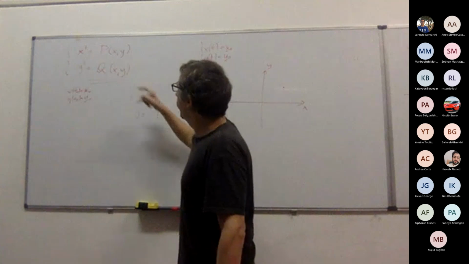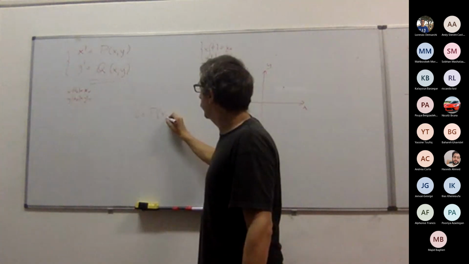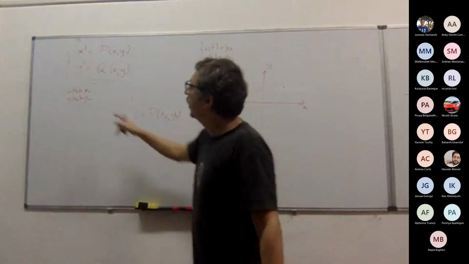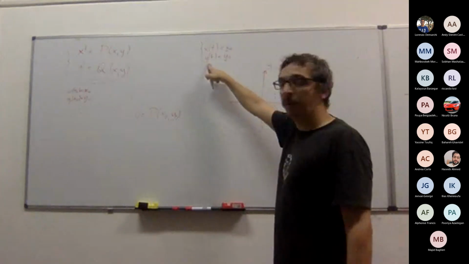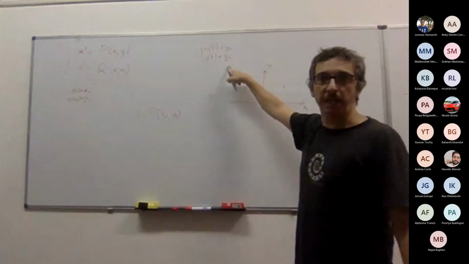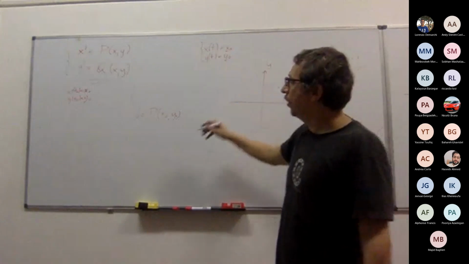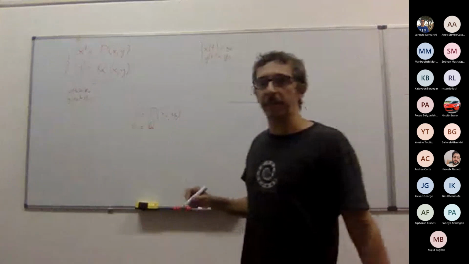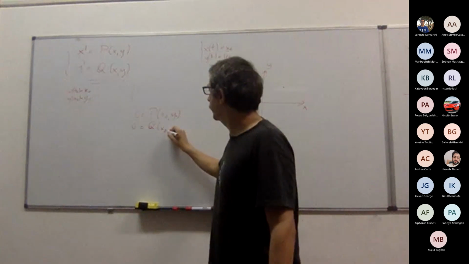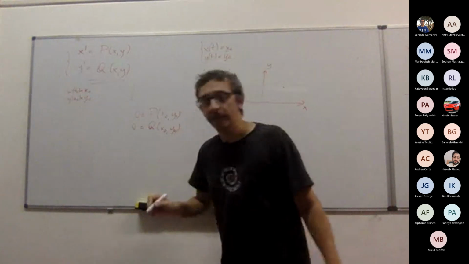Here I have P of x naught and y naught. Y prime is again the derivative with respect to t of y, but y is just y naught. So this is again 0 equal to capital Q of x naught, y naught.